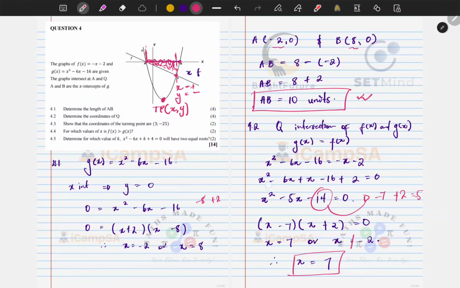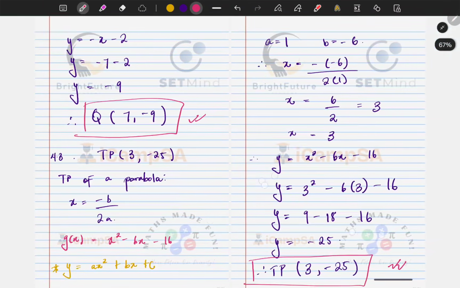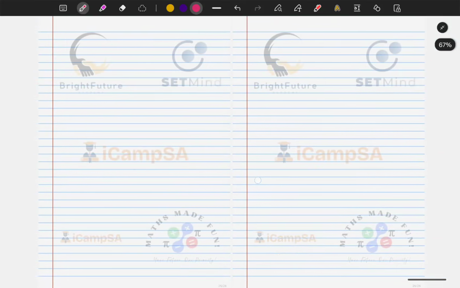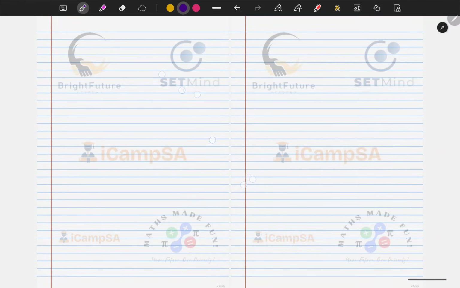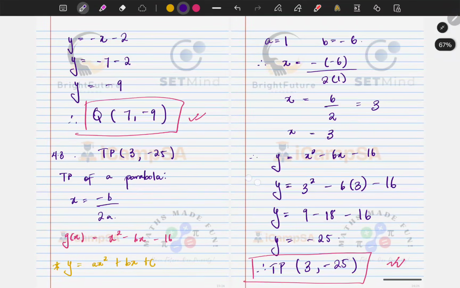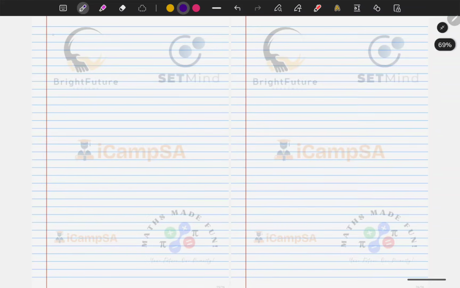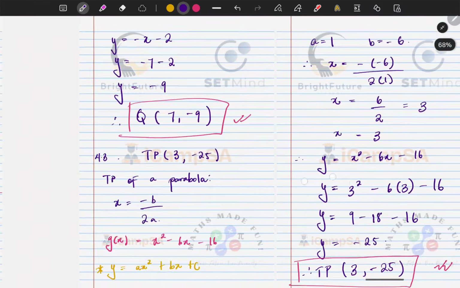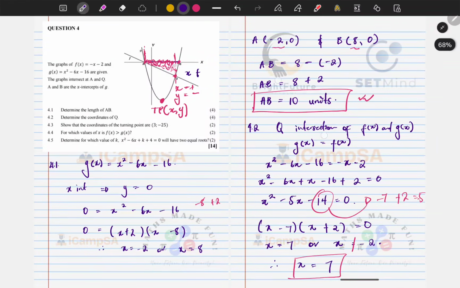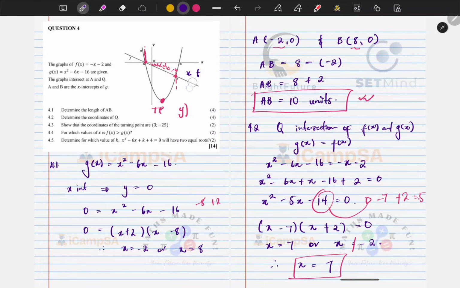From just inspection, you already have your answer. That should be 4.4. Let me repeat this.